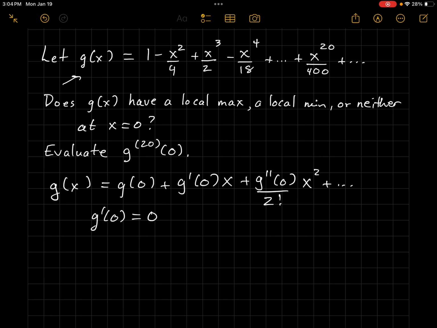So we potentially have a local max or a local min, because we have a critical point there.